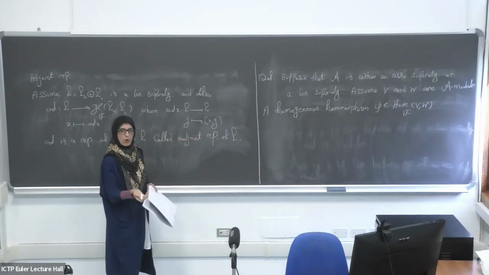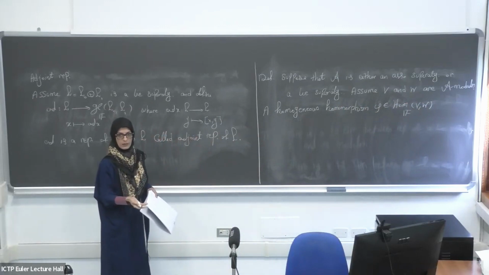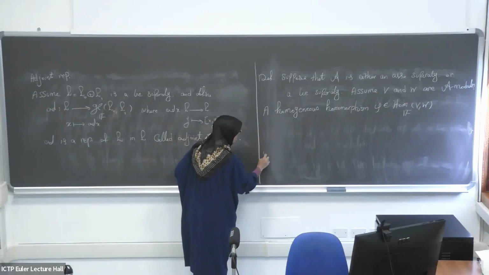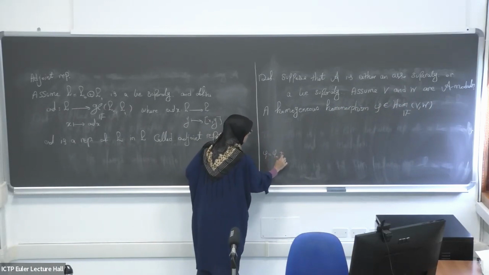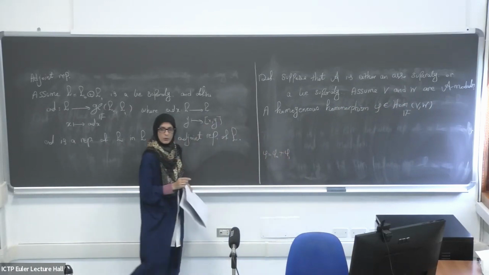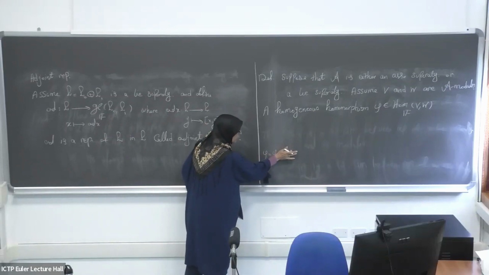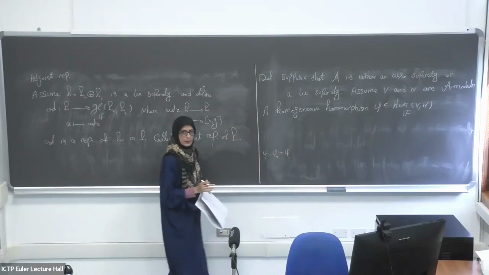It means that it is either of degree 0 or of degree 1, okay? In general, phi equals phi 0 plus phi 1, and when it has a degree, it means that either phi 1 is 0 or phi 0 is 0.